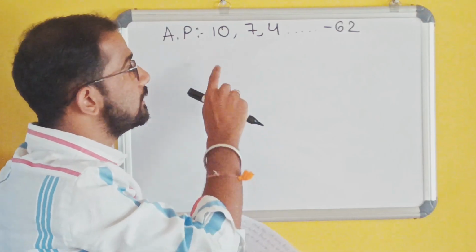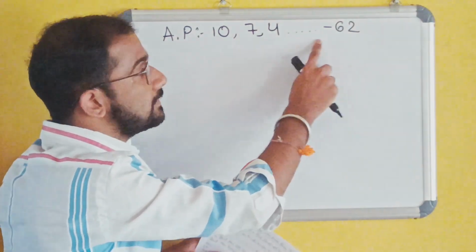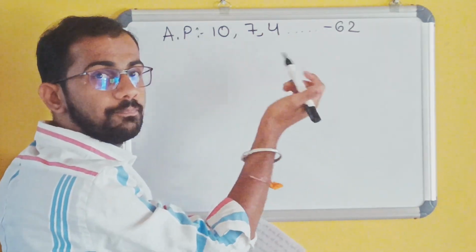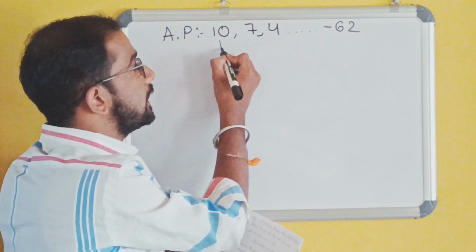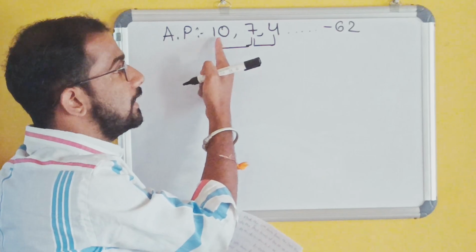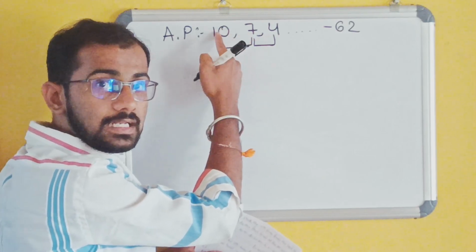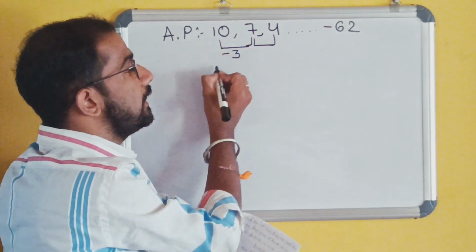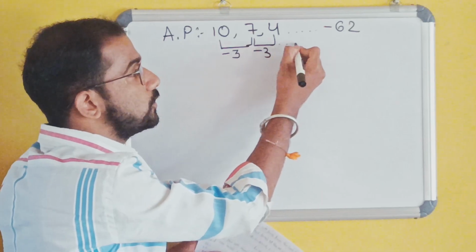The first, simple method is to write this sequence in reverse order. First check whether this is an arithmetic progression. The difference between 10 and 7 is minus 3, 7 minus 10 is minus 3, 4 minus 7 is minus 3, and so on.